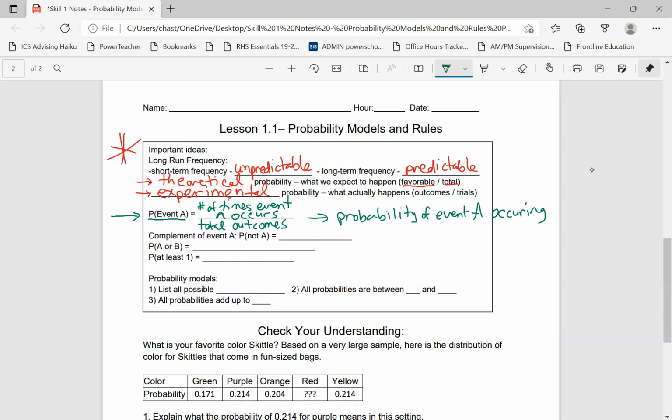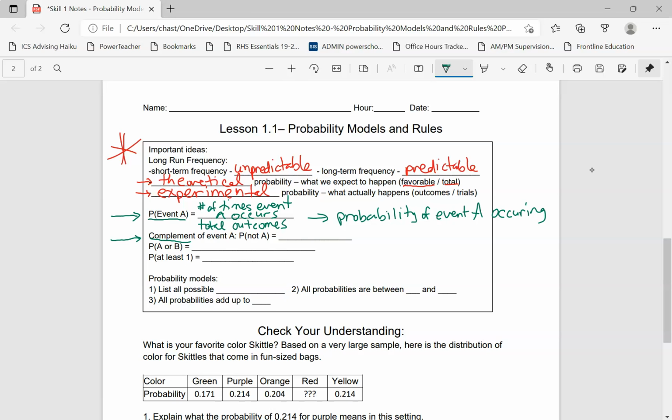To find the probability of something, you see how many times the event occurs divided by the total number of possible outcomes. Now the next word here is another vocab word, complement of an event. If you have an event A, the complement of event A is what isn't event A. Like let's say that I'm rolling a number cube and event A is rolling a 1.